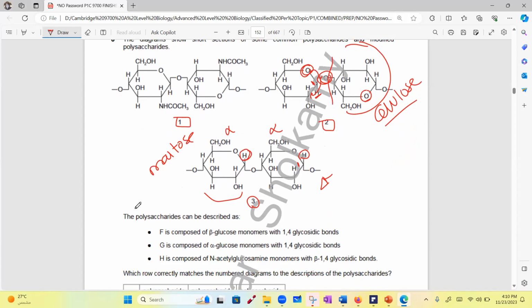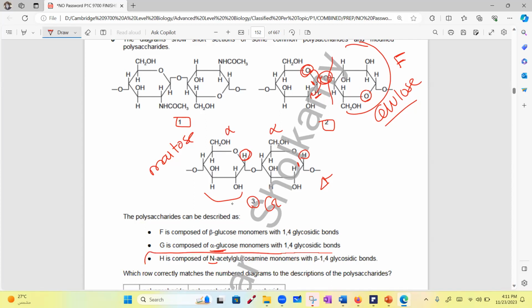Okay. The polysaccharides can be described as: F is composed of beta glucose monomers with 1 to 4 glycosidic bonds. Where is F? Oh, this is F. G is composed of alpha glucose monomers with 1 to 4 glycosidic bonds. So number 3 is G. H is composed of N-acetyl glucosamine monomers with beta 1 to 4 glycosidic bonds.